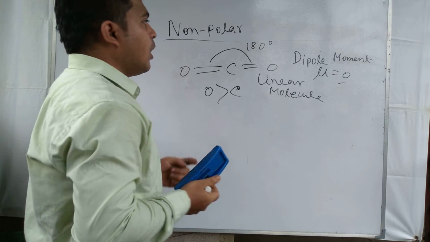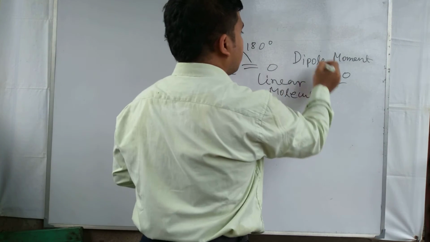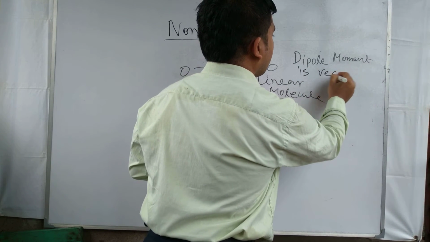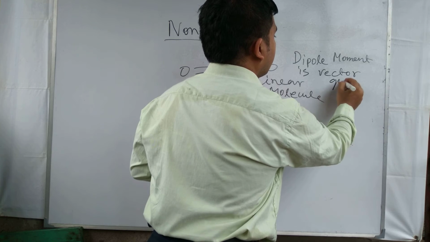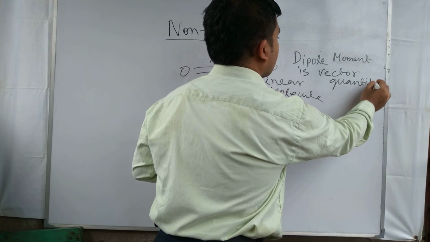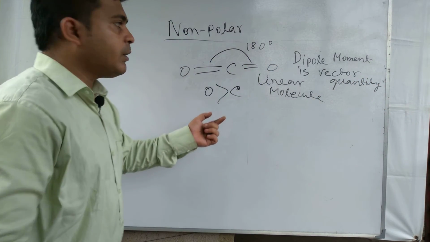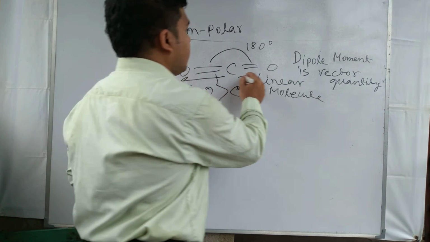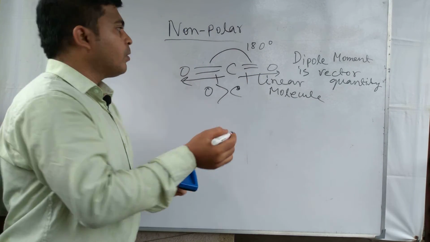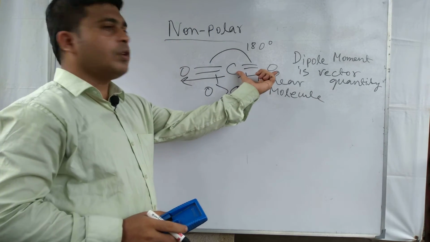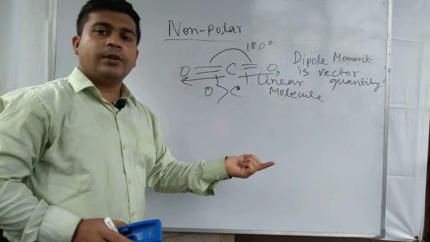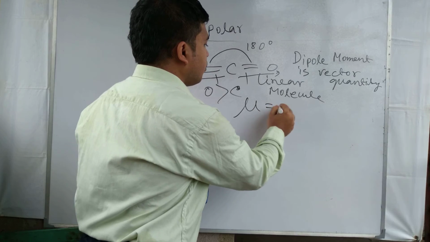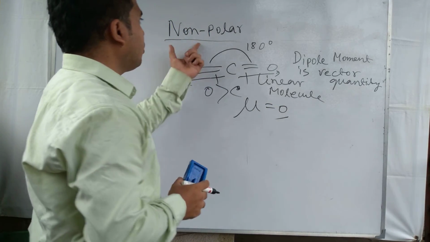Dipole moment is a vector quantity, and when moments of equal magnitude act in opposite directions, these two bond moments cancel each other. So the overall dipole moment becomes 0, and therefore the molecule is non-polar.